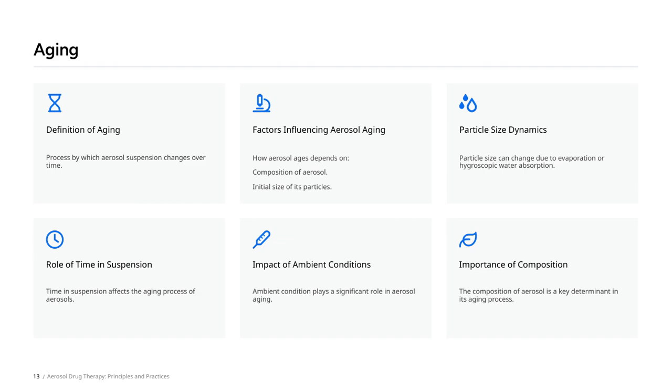Ultimately, how an aerosol ages depends on its composition, the initial size of its particles, and the various factors influencing it. To sum up, aging is essentially the process by which an aerosol suspension changes over time, and understanding this process helps us optimize drug delivery and treatment outcomes.